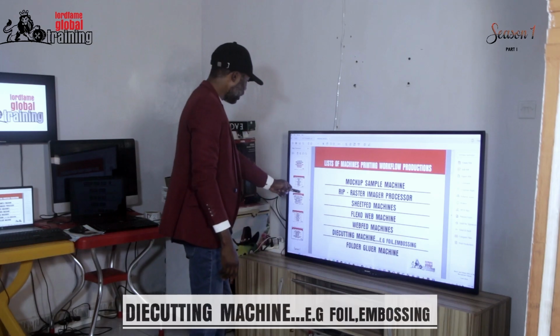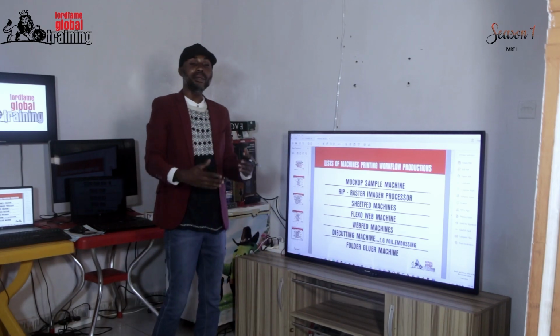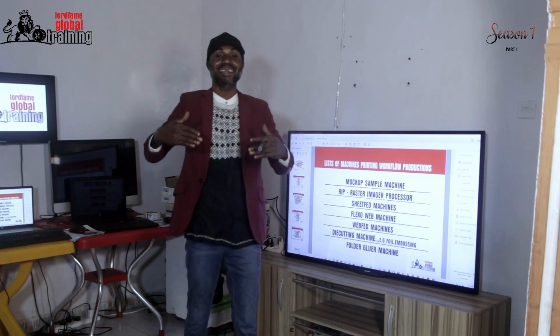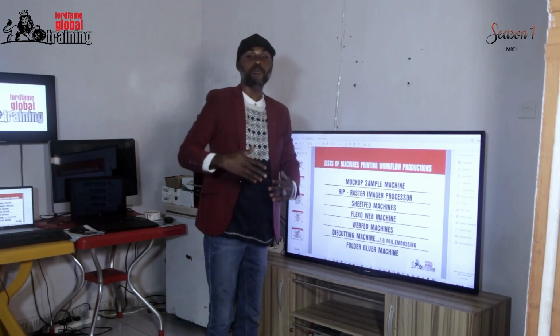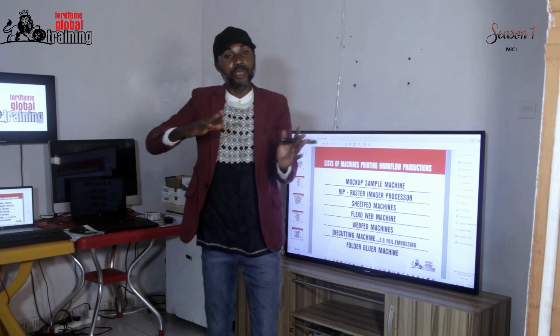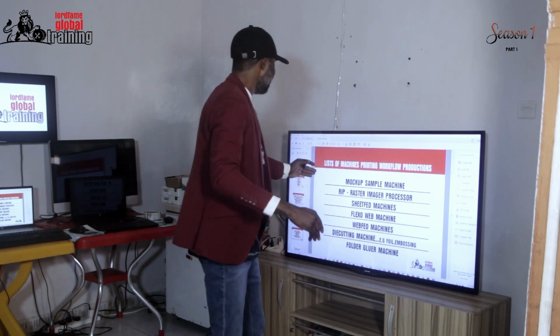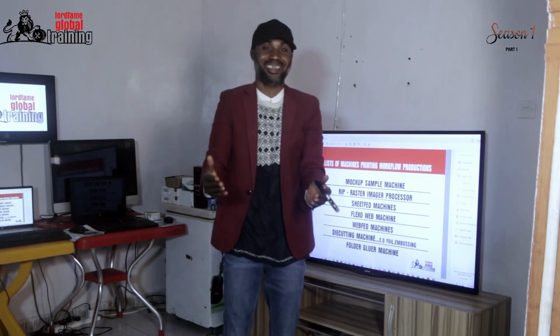So another one is the die cutting machine. Die cutting machine is a machine that, after flexo or sheet-fed have done their own part, after they have run the printing and printed the job out, will die cut it.